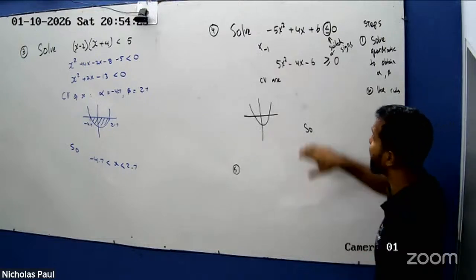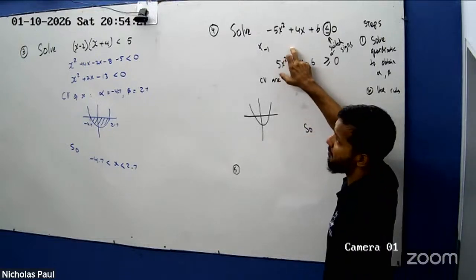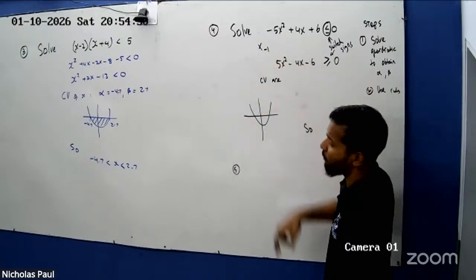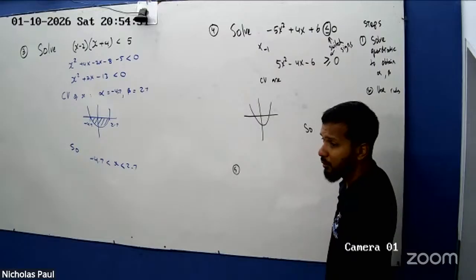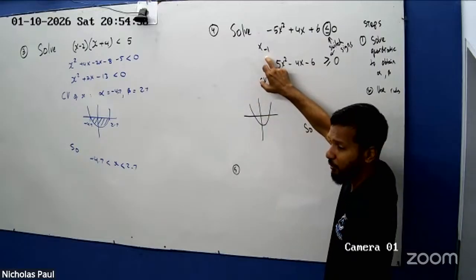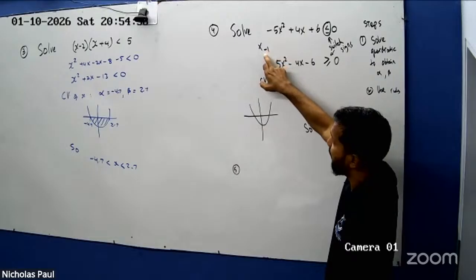Online, highlight this, please. Whenever you have a maximum, multiply by -1. Highlight this in your notes: whenever you have a max, multiply by -1.